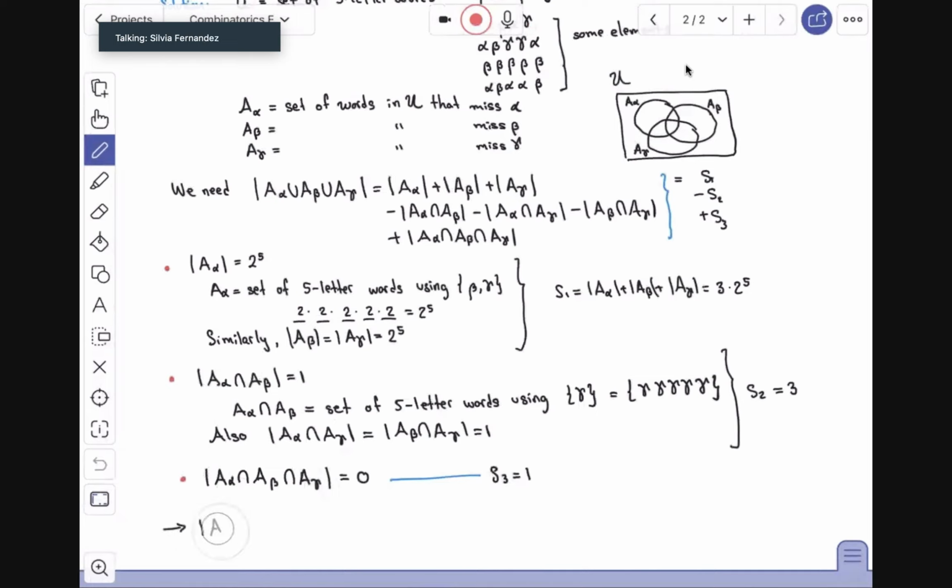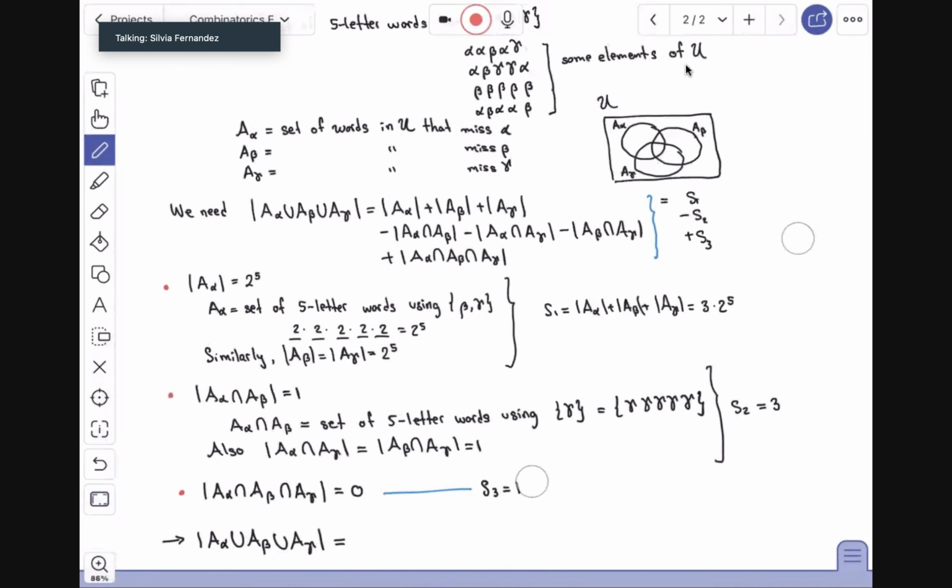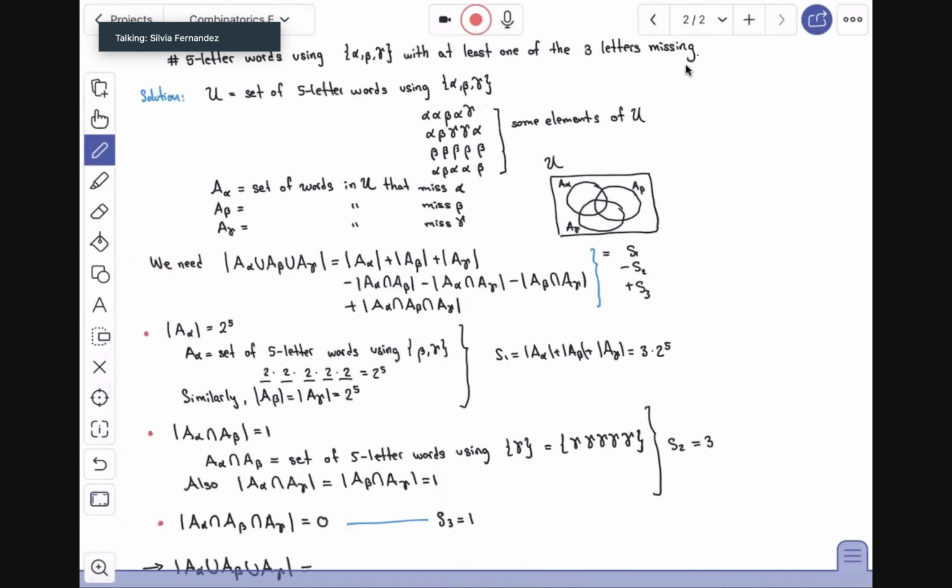So this implies that A alpha union A beta union A gamma, which is what we wanted, is equal to, I should say over here, what's the cardinality of the universe? S naught is the cardinality of the universe, and these are 5-letter words using alpha, beta, and gamma. 1, 2, 3, 4, 5, and I have 3 possibilities for each. So that's 3 to the 5th.